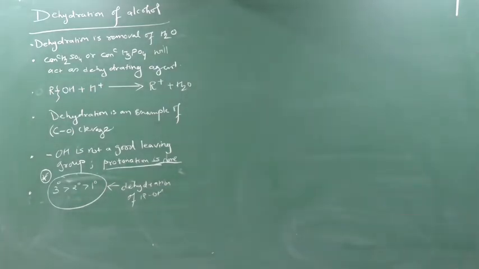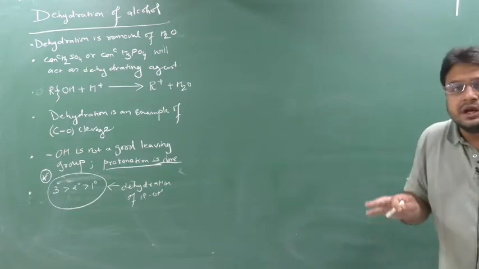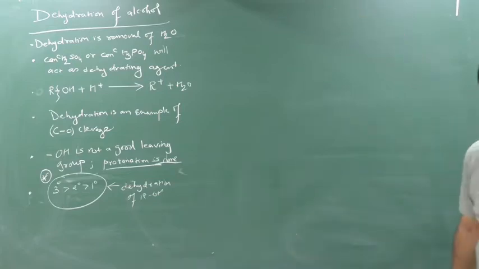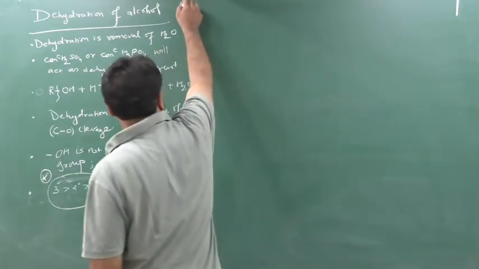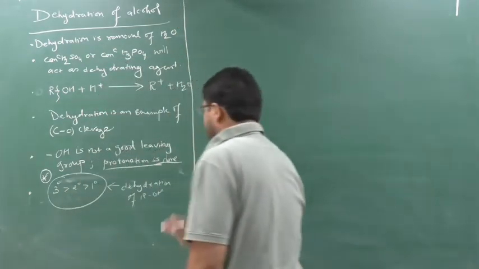So 1 degree dehydration will be done, but it will be very, very difficult, so you have to supply a number of conditions, whereas 3 degree alcohol dehydration will also be done, but very easily, so we do not have to supply that many conditions. Clear this part? Understood? This is the main logic here.